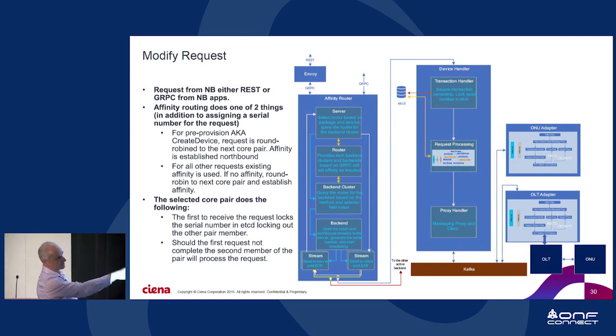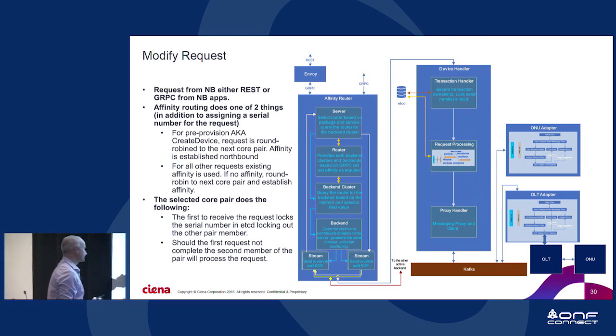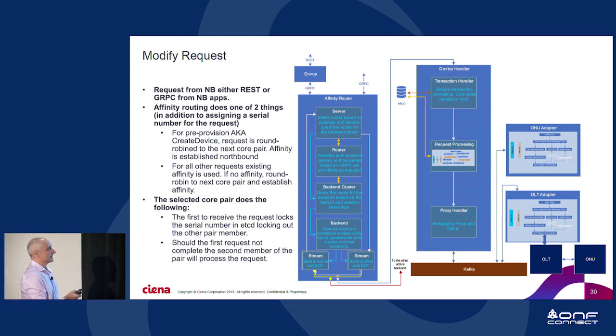The OLT adapter is the one that communicates with the actual physical devices. Okay? Any questions on this? This is basically the end-to-end view of how everything transpires on a northbound request.